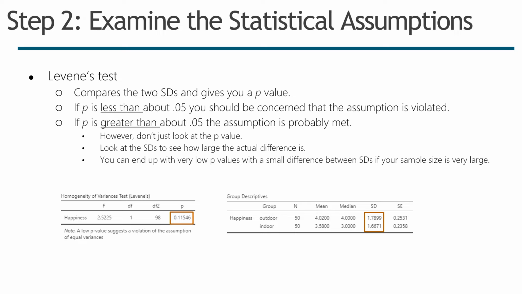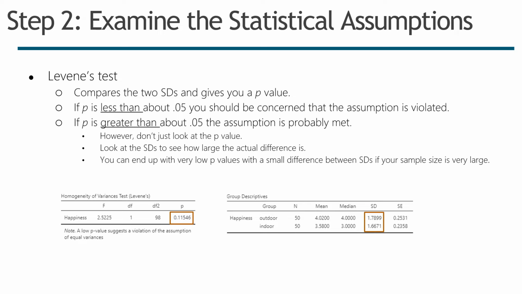The probability that I would get a difference between the standard deviations as extreme or more extreme than the one I observed is 0.115 here. So if your p is less than about 0.05, you can be concerned that the assumption is violated. If your p is greater than about 0.05, the assumption is probably met.